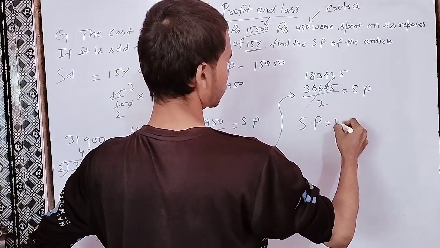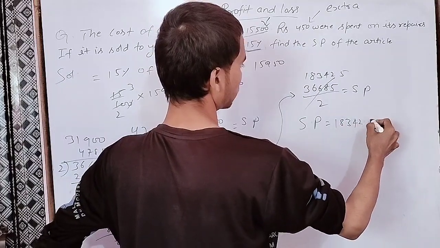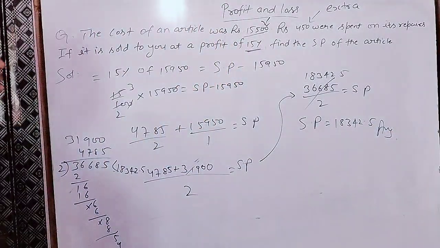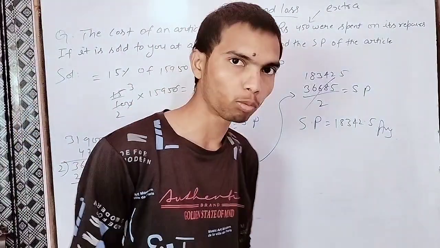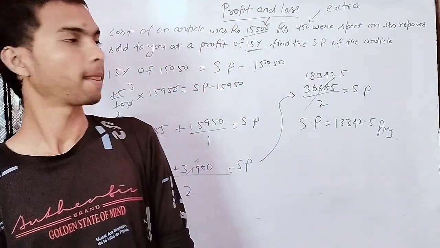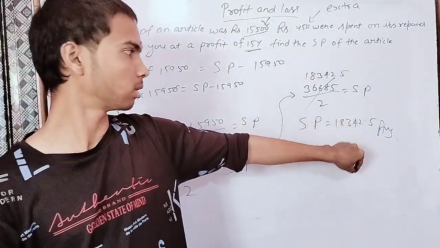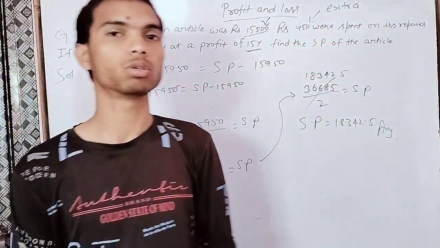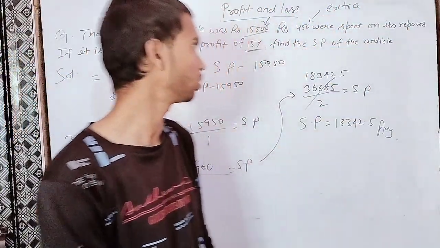And finally this is what? Our answer. Okay. This is our rupees, final rupees. And at this rupees, this article will be sold to you. Okay.